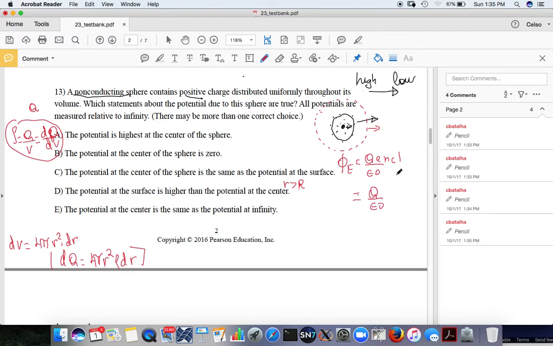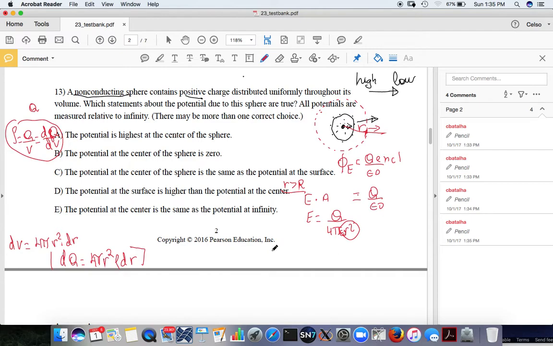For a radius larger than the radius of the sphere, the enclosed charge is the total charge, Q over epsilon naught. The left-hand side is the electric flux, E times A. So our conclusion is that the electric field for r bigger than R is Q over 4 pi epsilon naught r squared, where r is the distance to the point. So the electric field falls with the square of the distance.